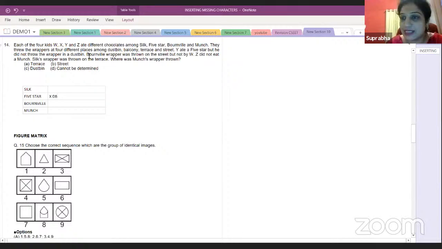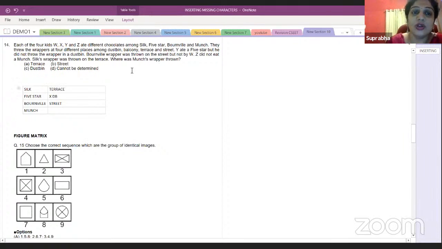We'll just make sure that Bonville wrappers are thrown in the street. Okay. Z did not eat a Munch. Again, we are not bothered, so I'll keep it aside. Silk's wrapper was thrown on the terrace. So silk on terrace.